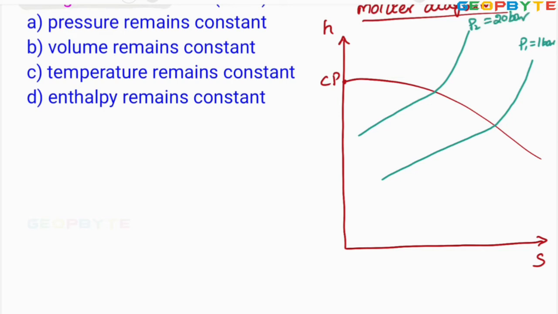If the question is why the constant pressure lines are straight lines in the saturation region, the reason is like this. As you know, enthalpy H equal to U plus PV, general formula. Then dH equal to dU plus PdV plus VdP.